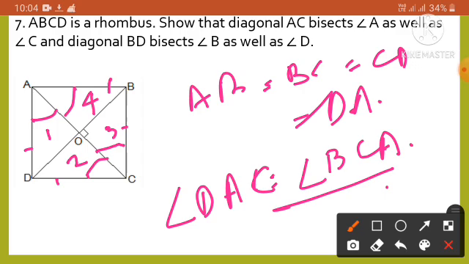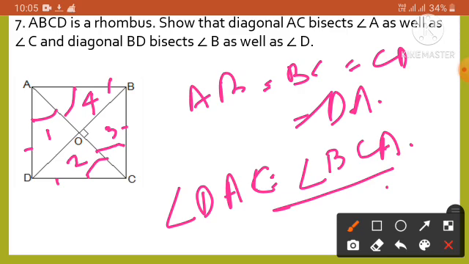Also, AD is parallel to BC and AC is the transversal here. So we can say that angle 1 equals angle 3, that means angle DAC is equal to BCA. As every rhombus is a parallelogram, AD is parallel to BC and AC is the transversal, so angle 1 equals angle 3, because alternate interior angles are equal.